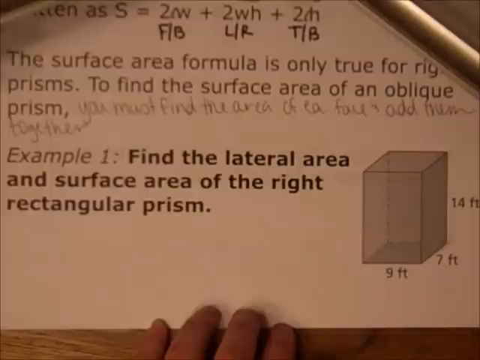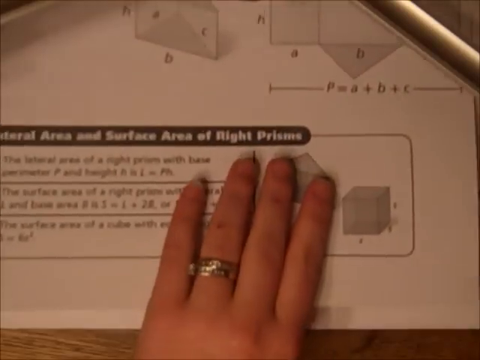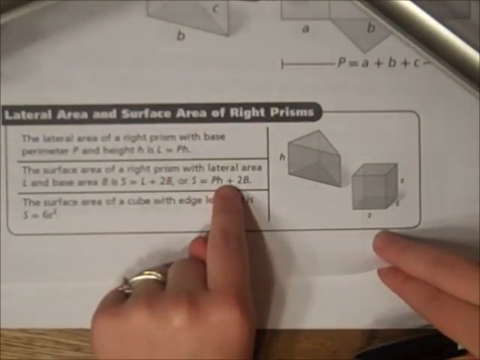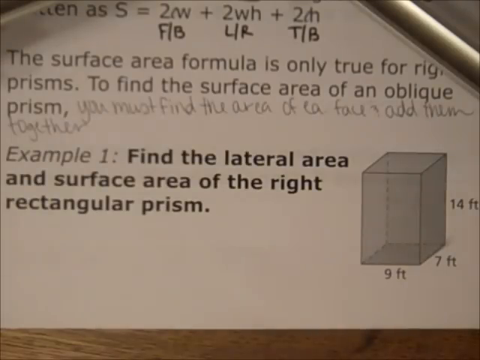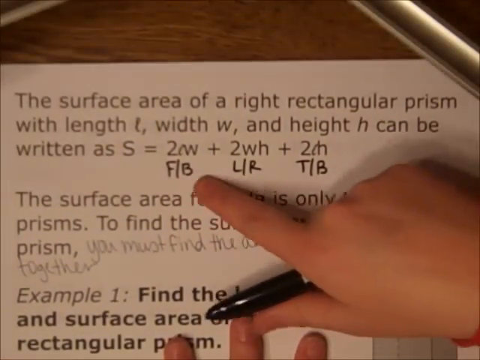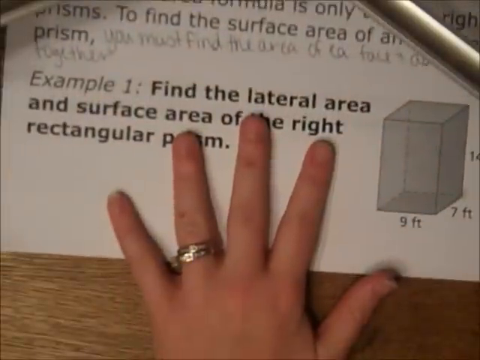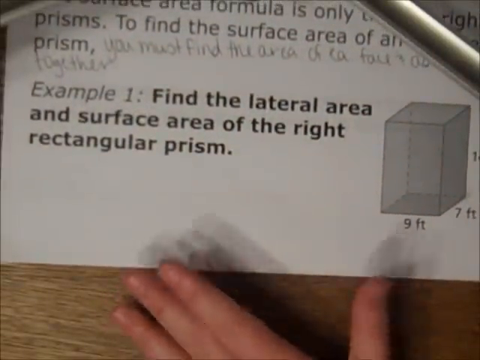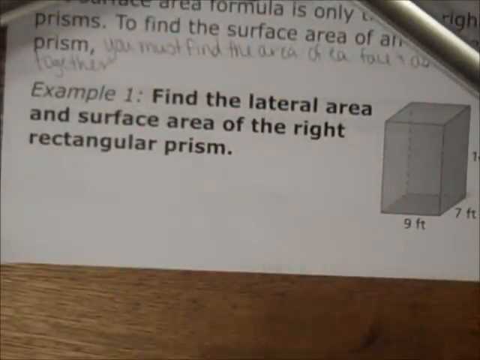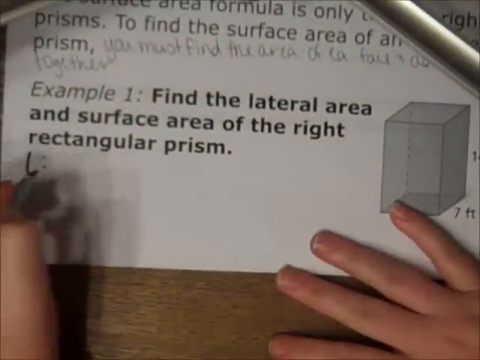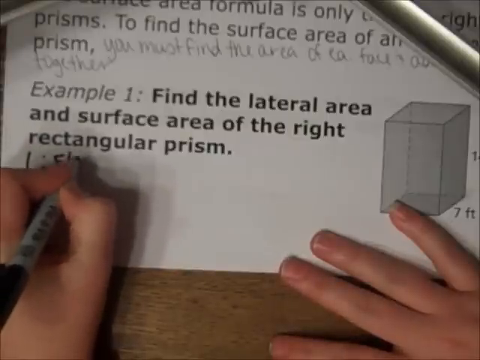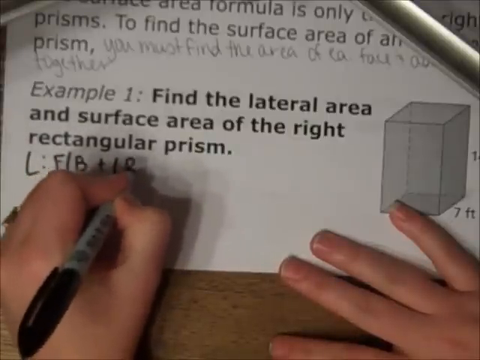All right, find the lateral area and the surface area of the right rectangular prism. You can use your formula, Ph, and then Ph plus 2B if you'd like. For rectangular prisms, I prefer to use this or just plain old common sense. For our lateral, we want front, back, and left, right.